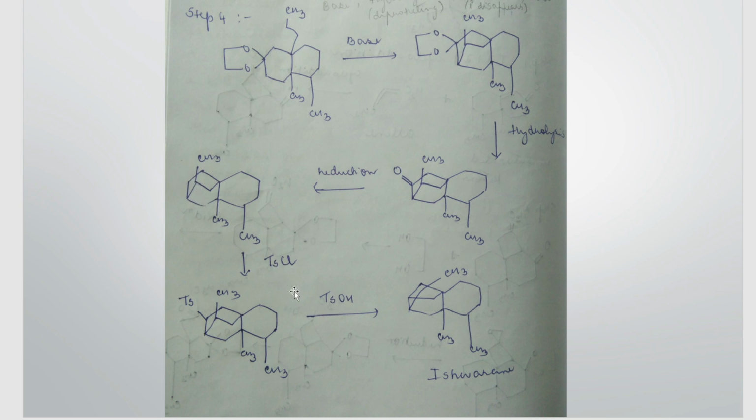Okay, and finally it's treated with TsCl, and then one of the hydrogens here is replaced by Ts, and then there is elimination of TsOH, which will finally lead to the isvarine molecule. So this is the total synthesis of the isvarine molecule.